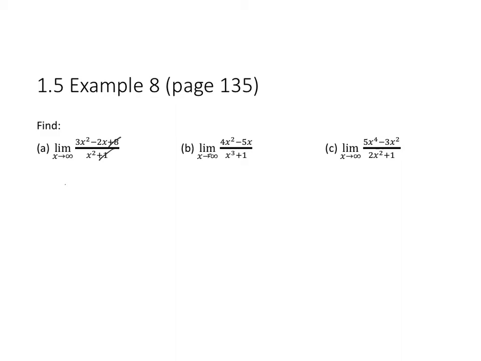And now we have the limit as x goes to infinity of (3x squared minus 2x) over x squared. Again, we're thinking about if you have $1 million. If you have $1 million squared, that's a lot of money. If you take away 2 million, do you think you'll notice? Hopefully.